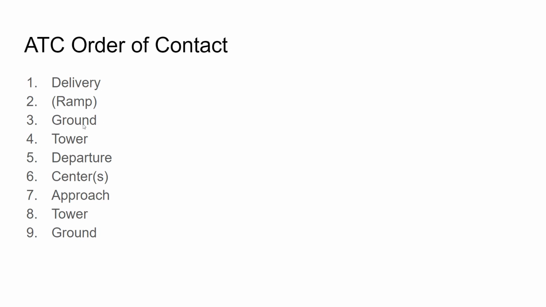Then ground will give you the taxi path to the runway, and at some point they will say contact tower now, and tower will give you the takeoff clearance. Then tower will hand you off to departure once you're a minute or so into the air. Departure will handle your climb to your cruise altitude, and then you'll contact center, and as you navigate to your descent, you'll probably go through 1 or 2 or even 3, or however many different centers there are, depending on how many airspaces you pass through.